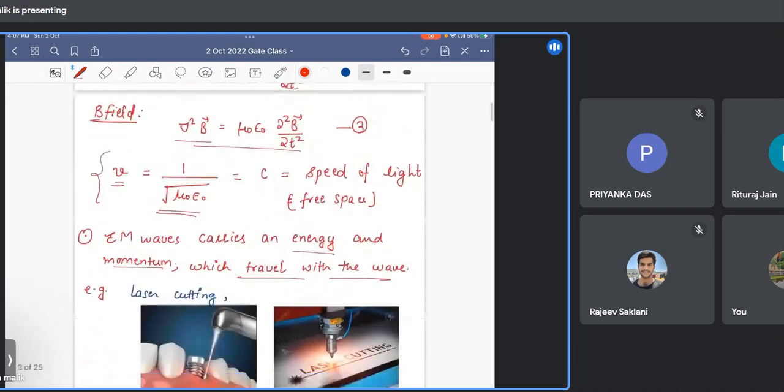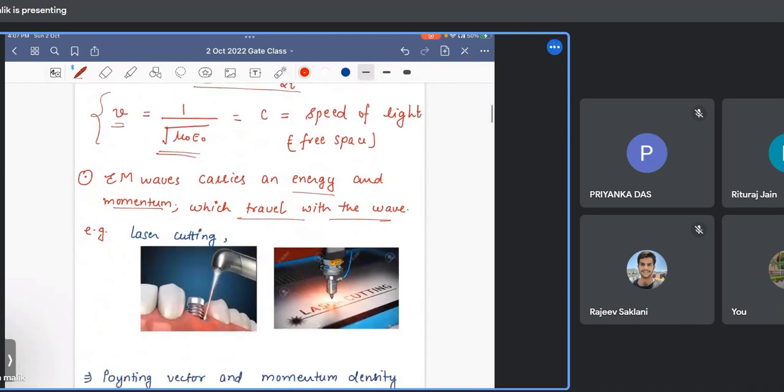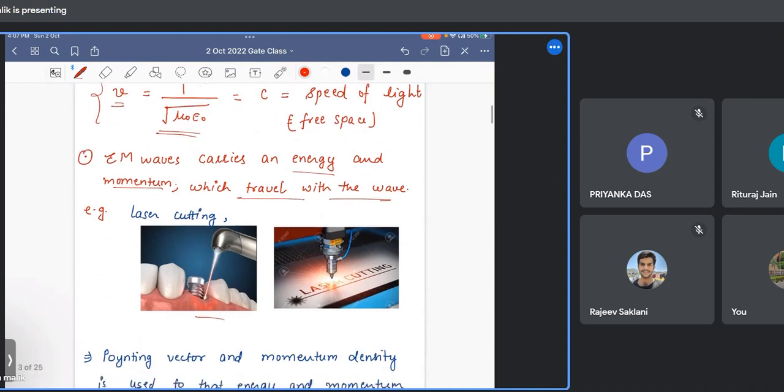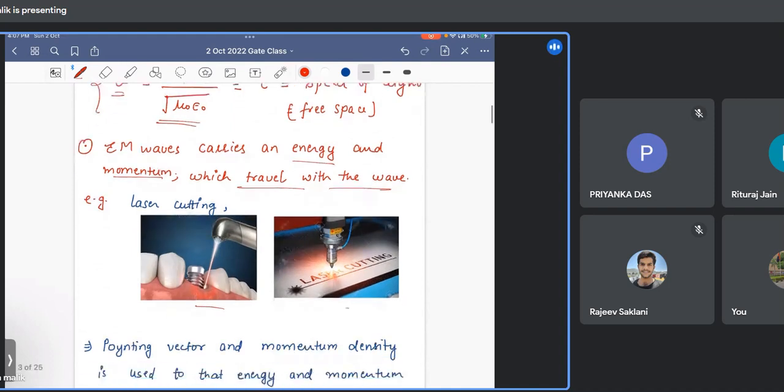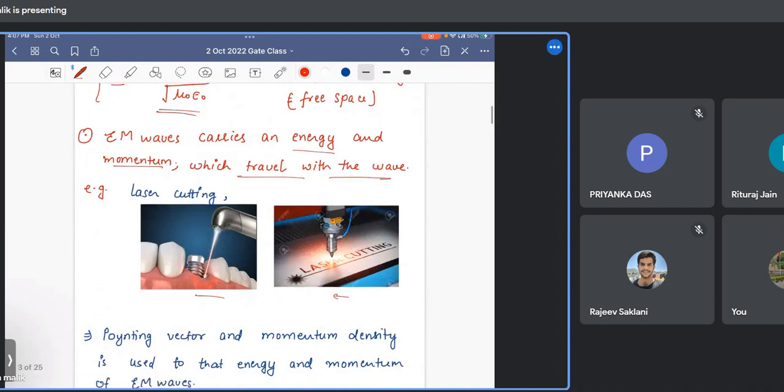Depending on how much energy and momentum it carries, different kinds of applications have evolved with time. For example, for metal cutting, very high energy is required in electromagnetic waves. So these are just applications of the EM wave.